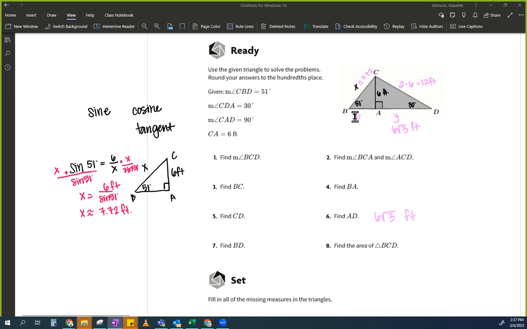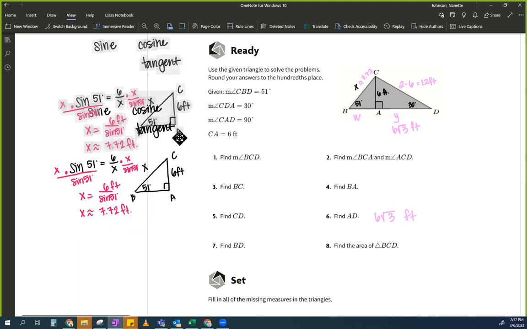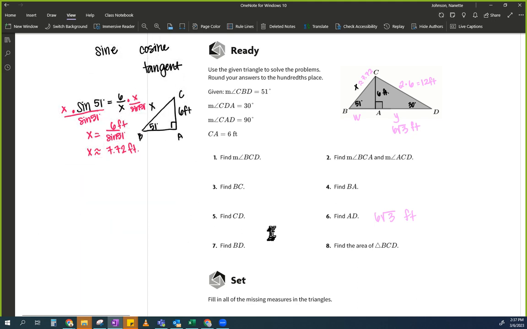Now, if you don't know how to determine which equation to use, my suggestion is that you write all of them. Write sine, cosine, and tangent of B. So I'm going to write sine of 51 degrees, cosine of 51 degrees, and tangent of 51 degrees.